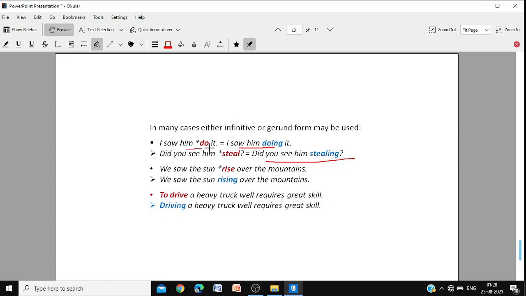So here we have got infinitive, and here we have got gerund, the ing form. We saw the sun rise over the mountains. We saw the sun rising over the mountain. To drive a heavy truck well requires great skill. Driving a heavy truck well requires great skill.